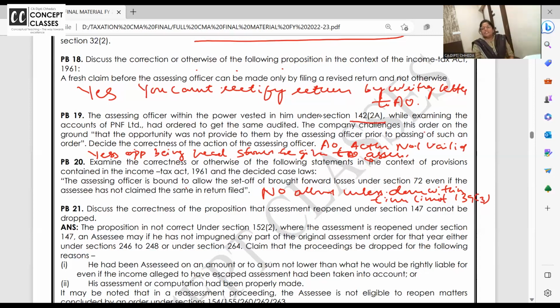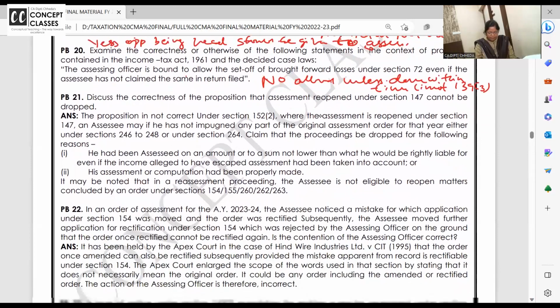If it is within the time, not like unabsorbed depreciation, that he will allow even if you forget, but losses he will not allow.